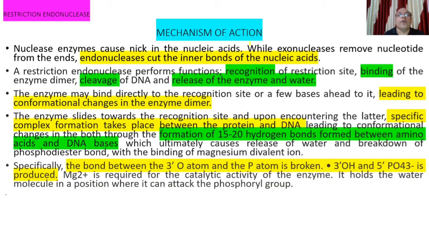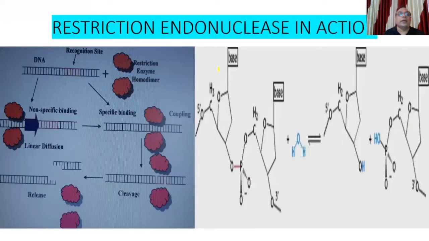Now, mechanism of action. What is the mechanism of action? Let us try to understand through these diagrams. Here the double-stranded DNA is shown, and you have this recognition site.